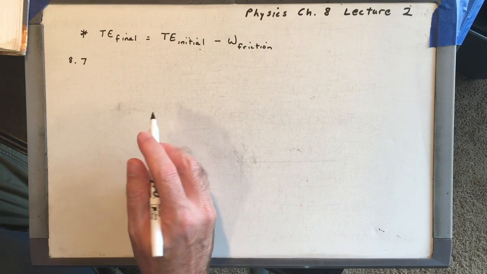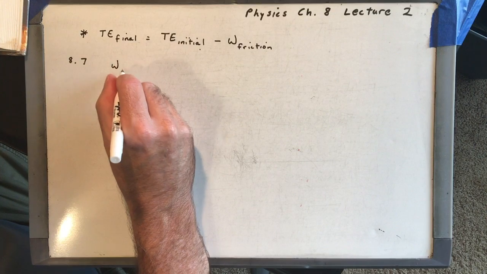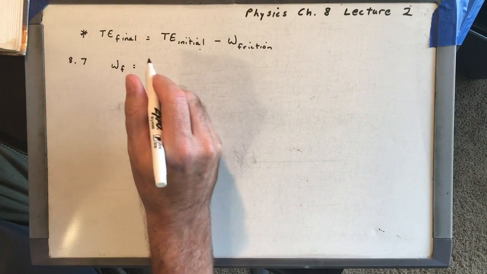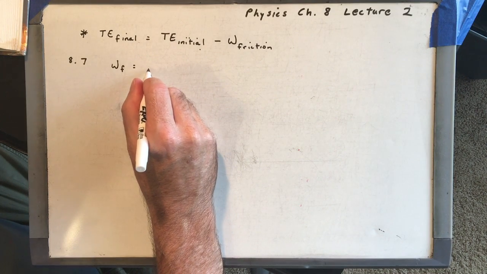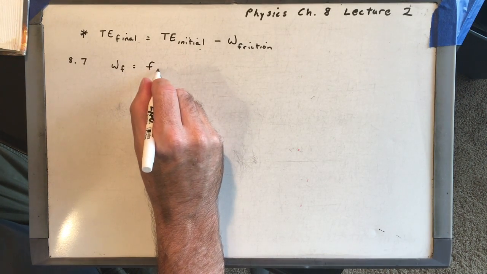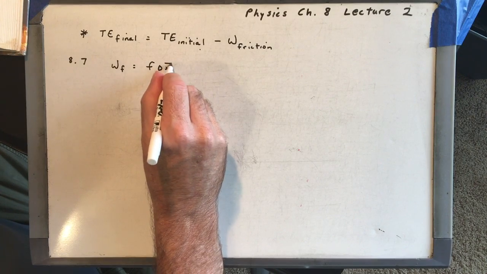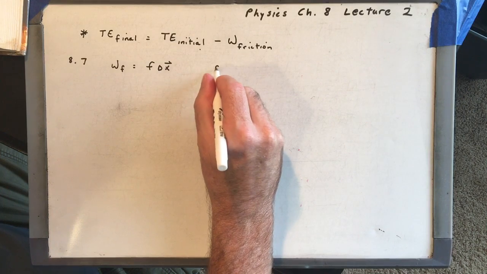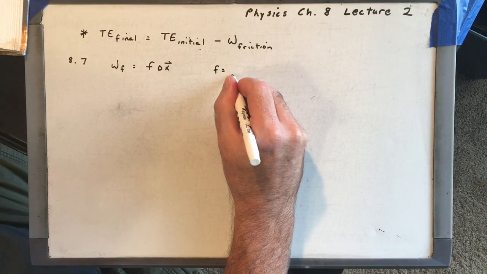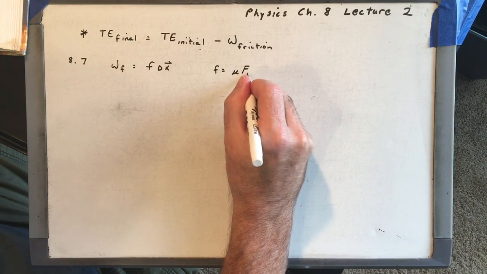Okay, so we know that the work done by friction is equal to force times displacement. So it's going to be friction times displacement. Okay, we know that friction is equal to mu times the normal force.